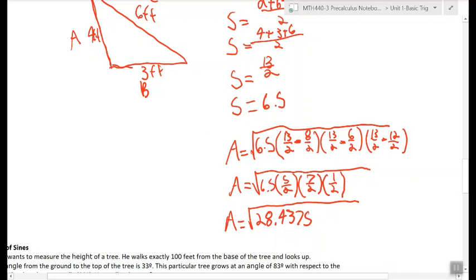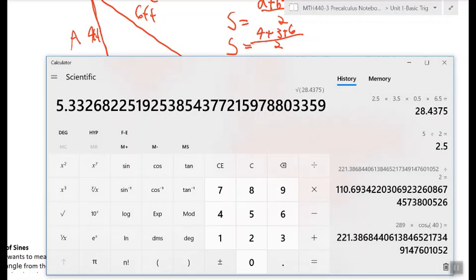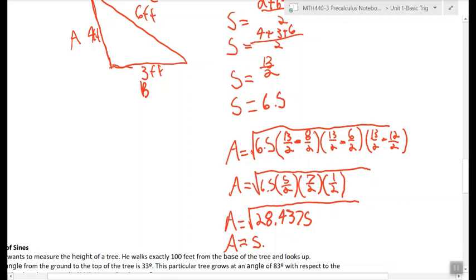And then we can just take the square root of that in our calculator, equal to 5.33. We'll round to the nearest hundredths place. Feet squared. And that is using Heron's formula.